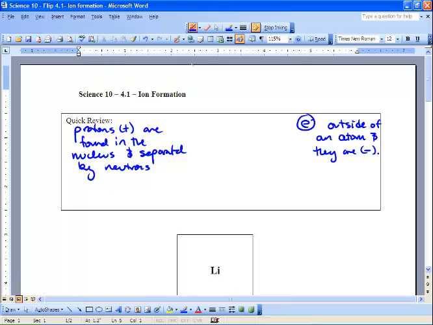Now, if we were going to draw a lithium atom, so our example here is lithium, we could draw it. We've got a positive, that's going to be our proton, and we've got a couple neutrons around here. Got a proton there, and we've got another proton right here. And you'll notice we've got the protons separated by neutrons, and we're going to draw our first shell of electrons and our second shell.